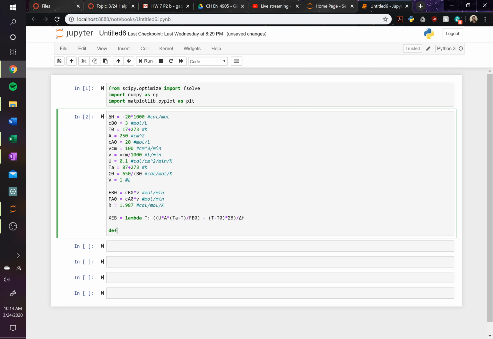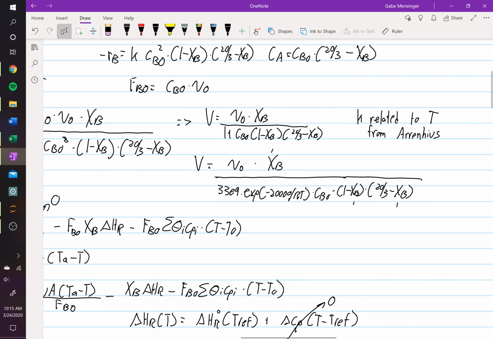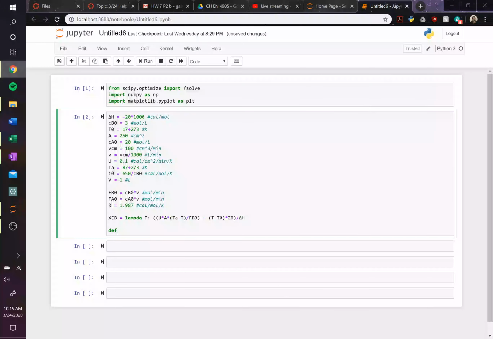For the mass balance, it's basically the left-hand side minus the right-hand side is equal to 0.